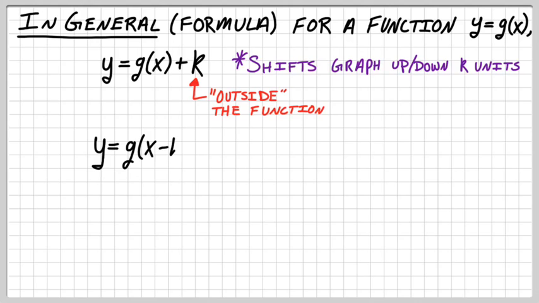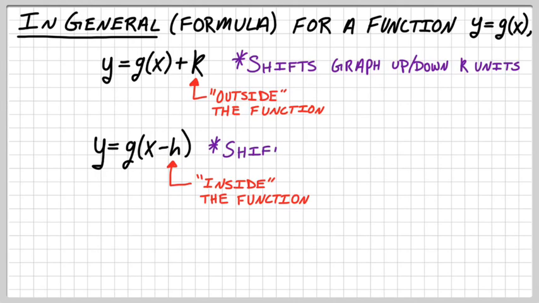And then what about if you have a number on the inside? So g of x minus h. So you have an h inside with the function. There's lots of different kinds of functions: x squared, x cubed, square root of x. So if it's inside there with the x, inside the function, that shifts it left or right.